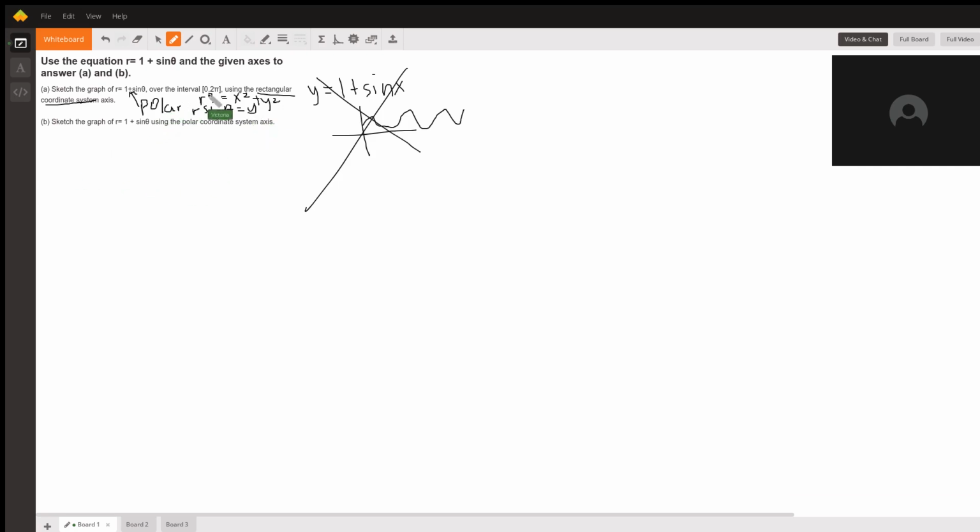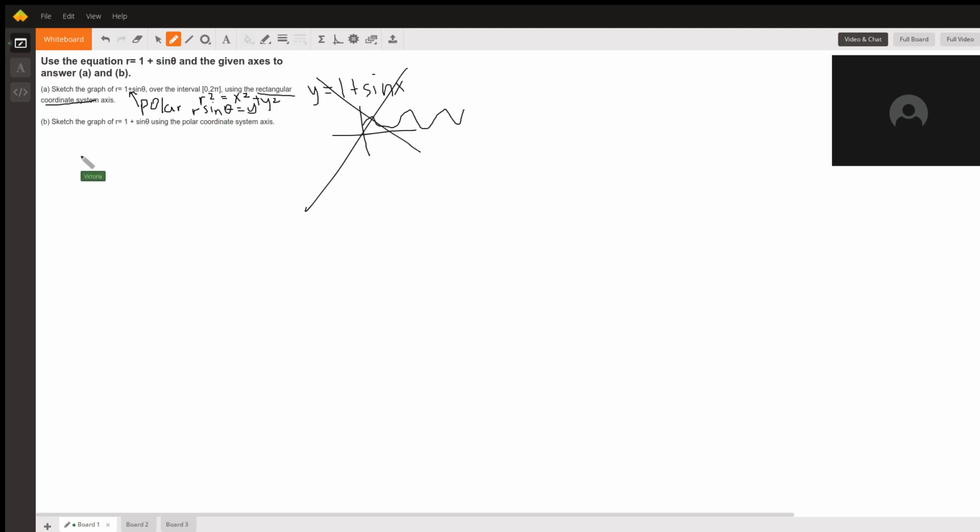So we're going to have to start with this equation and these facts, convert the equation to a rectangular coordinate system, and then plot the equation in rectangular coordinates.